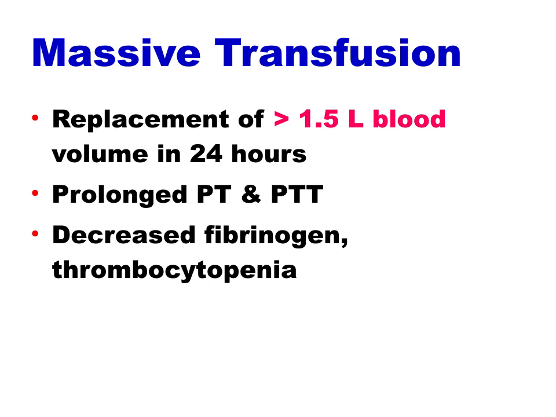So take note of that. When you are giving massive transfusion, you must be aware that your patient might need additional fibrinogen and platelets to help them with the blood loss.